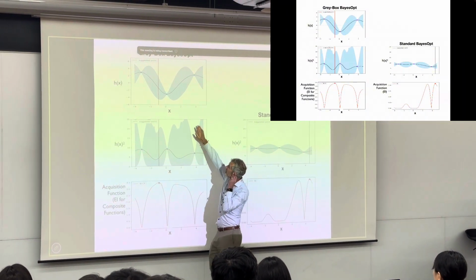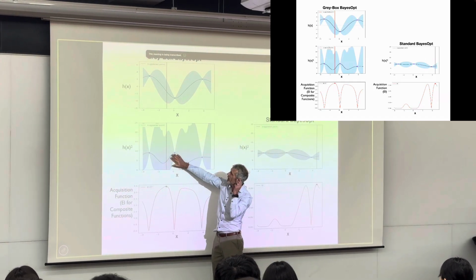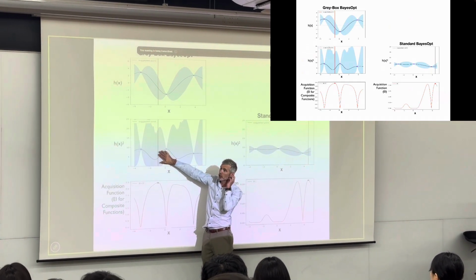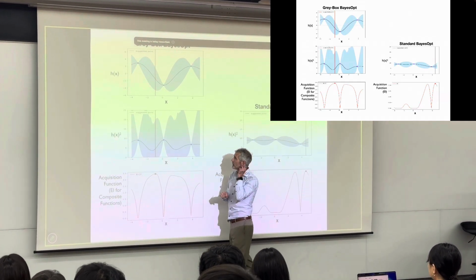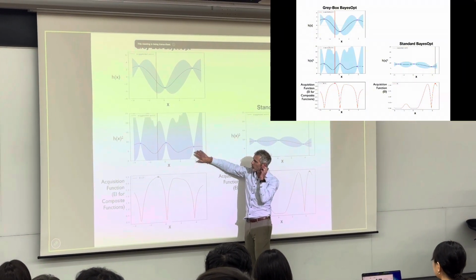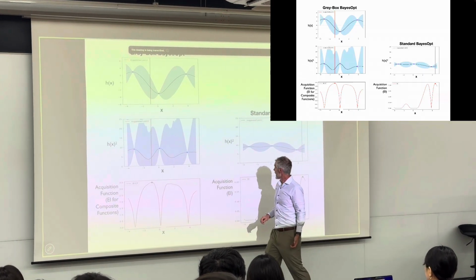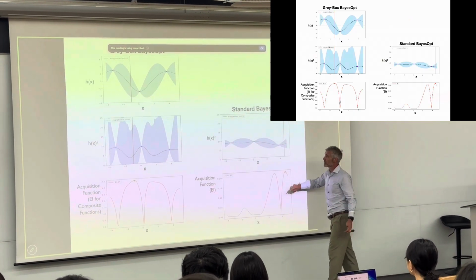We take the statistical model on h of x, and that implies a statistical model on h of x squared. And under this statistical model on h of x squared, I compute the expected improvement. And it recommends measuring at a very different place from standard Bayesian optimization.